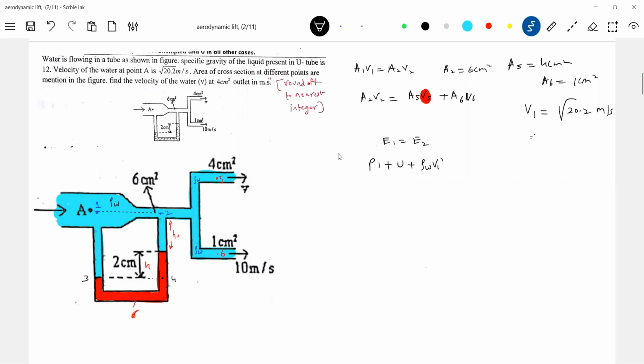So P1 plus density of water rho W V1 square by 2 equals P2 plus rho W V2 square by 2. Then the pressure at 3 and 4 should be equal, no? Because they're on the same horizontal line.